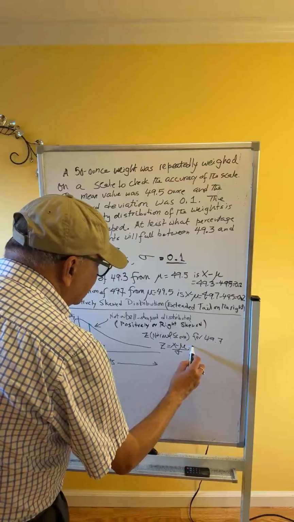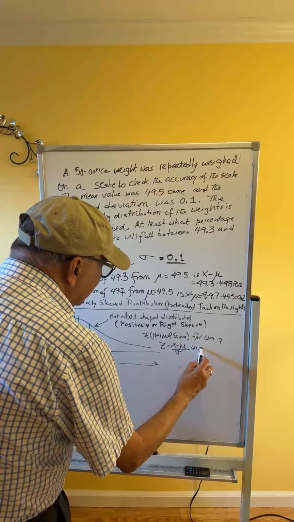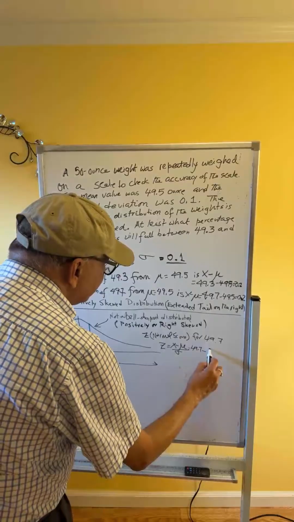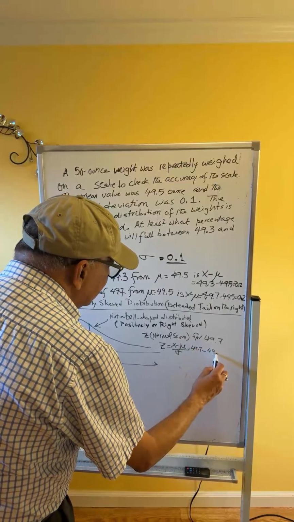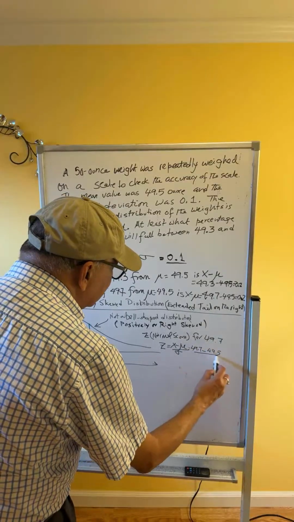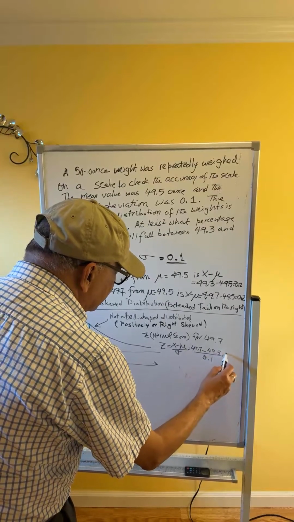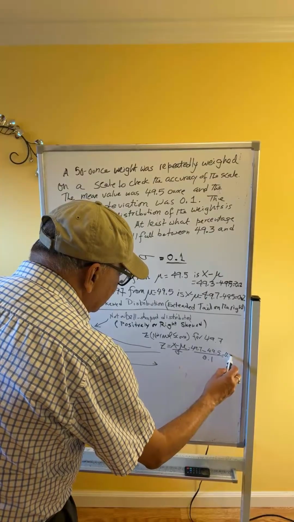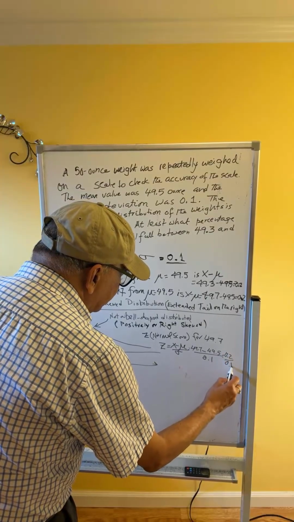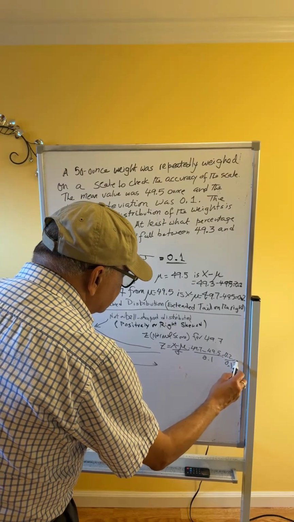So it is 49.7 minus the mean 49.5, divided by the standard deviation 0.1, or 0.2 over 0.1, which is 2.